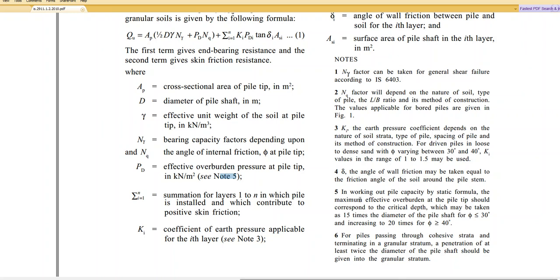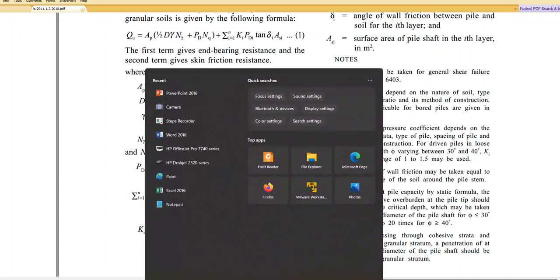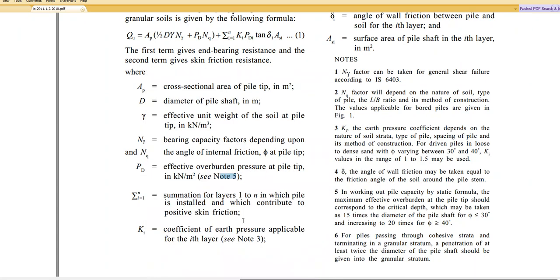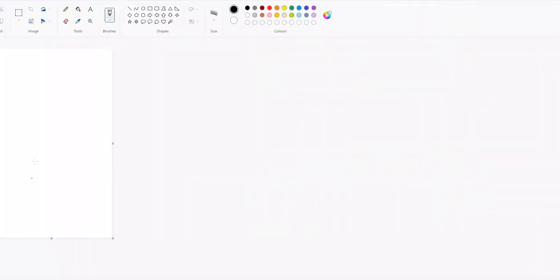So to understand this, let's just see this. So we have this soil. Okay, let me just make this sheet a little bigger. Yeah.